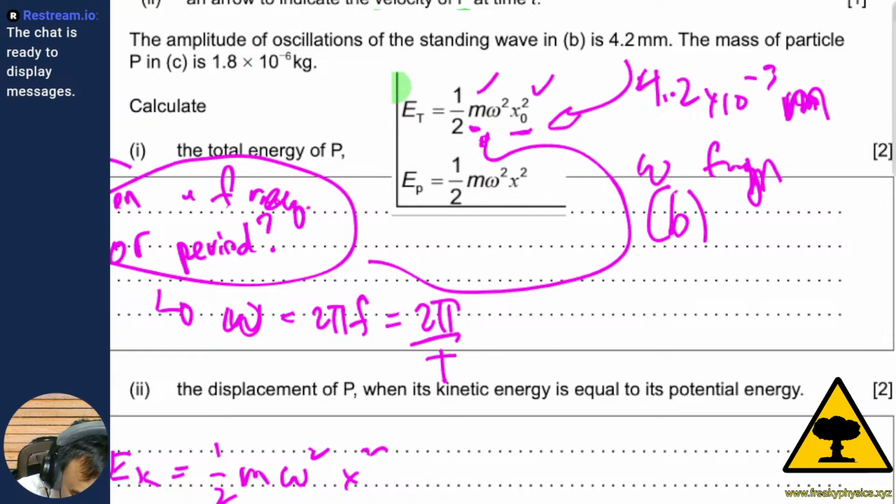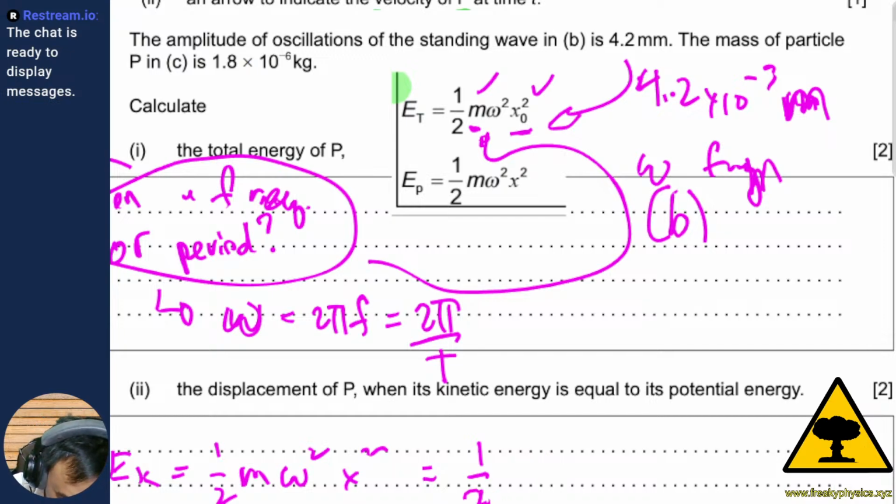Also, we know that this will be equal to, what's the displacement we're looking for? That this is gonna be half of the total, so that's gonna be 1/4 E_T. Yeah. Sorry, not 1/4 E_T, 1/2 E_T.